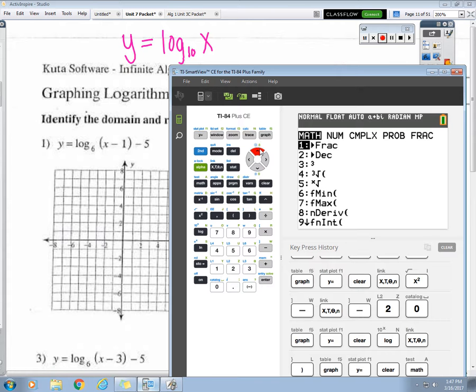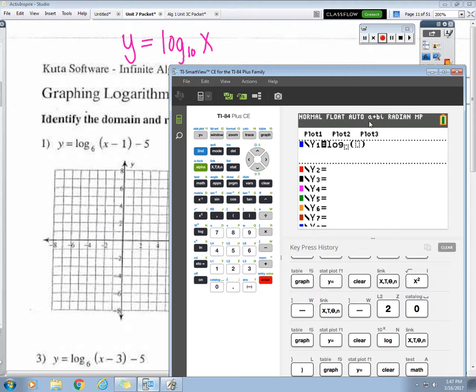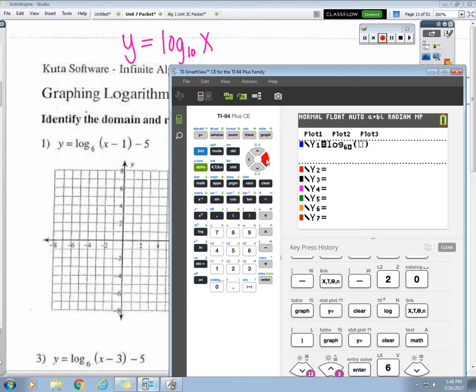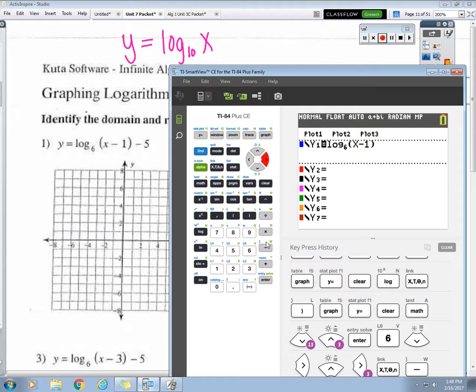There it is. Does everybody see where to get to log base? You hit math, and then you just go down until you see log base, and you hit enter. And see how now it gives you an option to type in whatever base you're dealing with? So you type in 6, and then inside the parentheses, you would type in your x minus 1. And then on the outside parentheses, you type in your minus 5.